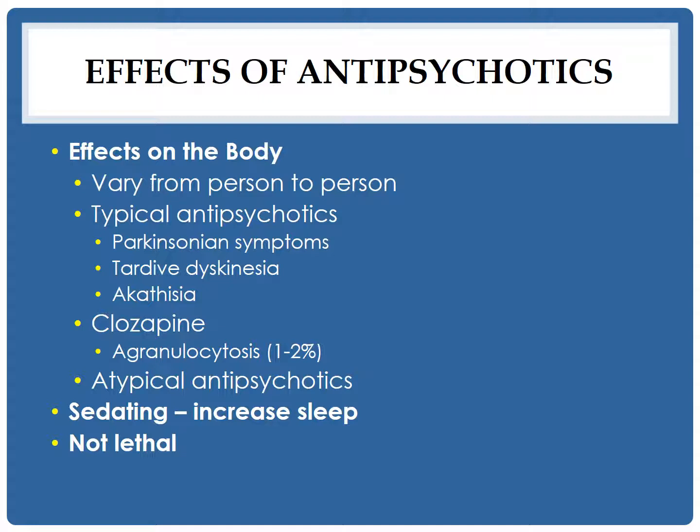Akathisia is a general restlessness. It's similar to anxiety, but it's not as much as with an anxiety disorder per se. It's just kind of feeling keyed up or on edge and restless. Then people have trouble regulating their body temperature. People often gain weight. And there's several other side effects listed in the book.